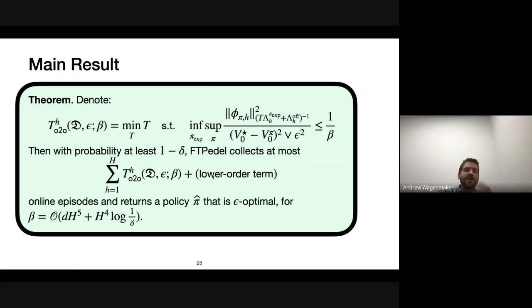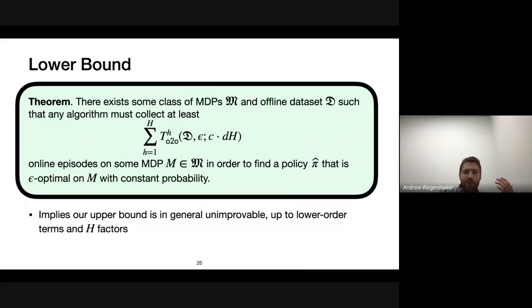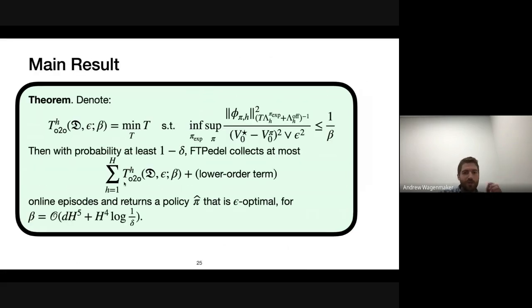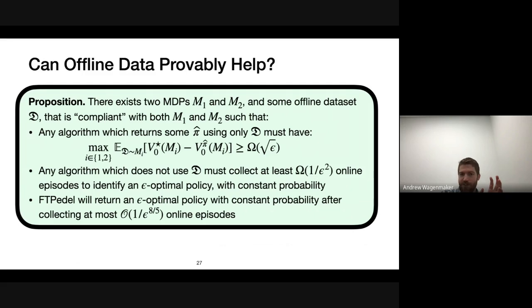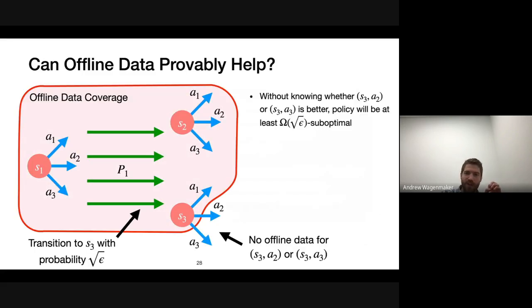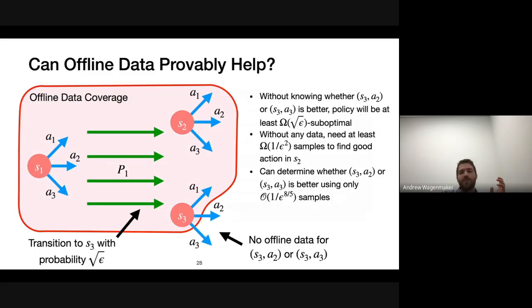There's not great intuition for why it's to the 8/5. It's less than epsilon squared, so it's lower order in that sense. But that's why, if you just looked at the leading order term and I had written the complexity in terms of that, you wouldn't have this 1 over epsilon to the 8/5. It comes from this lower order term in our complexity, which we don't know how to remove, annoyingly. That's why it's this weird thing. It's not a normal complexity.